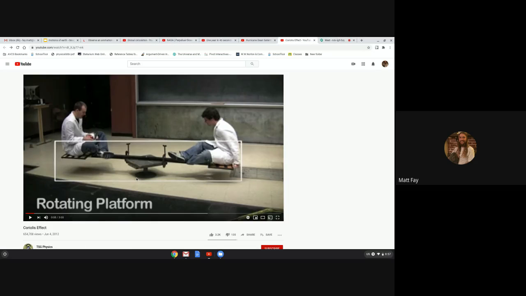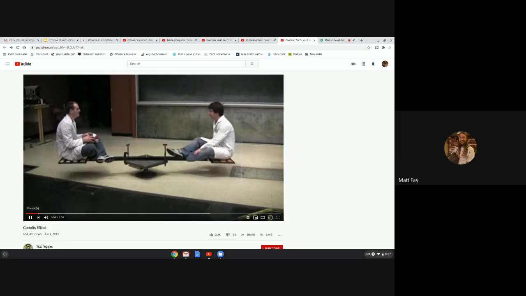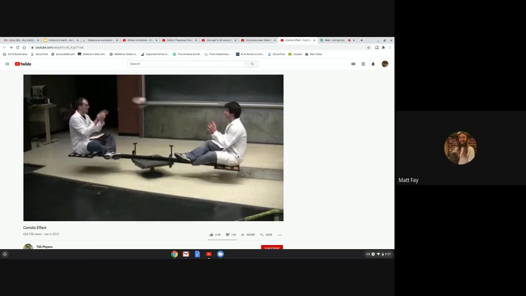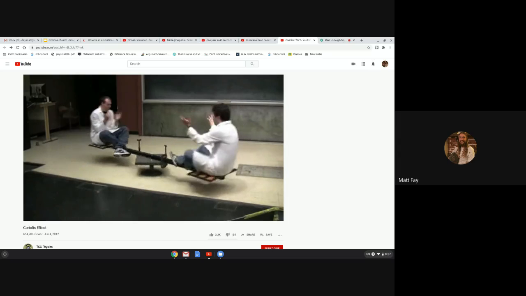I have one of these rotating platforms that students sit on, and they spin and toss this ball back and forth. Before they're moving, they make a nice straight path, passing it back and forth from one nerd to the other nerd. Now, once they're spinning, they're still throwing it straight, but look what happens to the path of the ball.